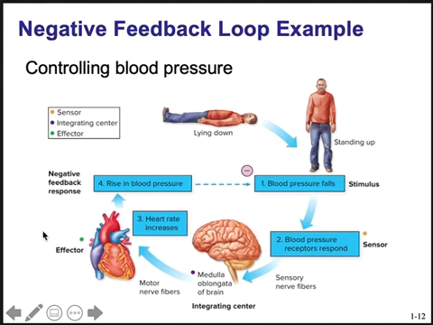Sometimes you'll have an organ that can act as two or even all three of these functions. Okay, so of course, once the heart rate increases, you'll have a rise in blood pressure. So this message to increase the heart rate will continue as long as the blood pressure is below the set point. Once you get back to your set point, then this stops. Okay.